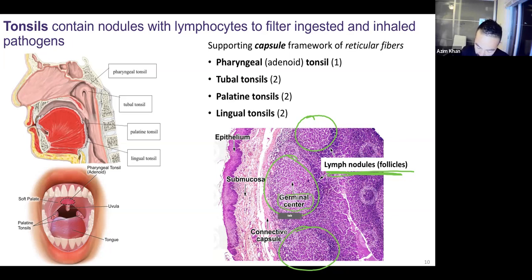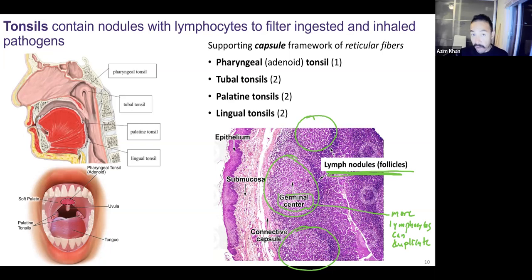This is where lymphocytes can duplicate themselves. We can make more lymphocytes. I know we said we originally make lymphocytes in the red bone marrow and thymus. That's where we can make unique ones, but we can make clones. And clones can be made here in germinal centers of follicles.